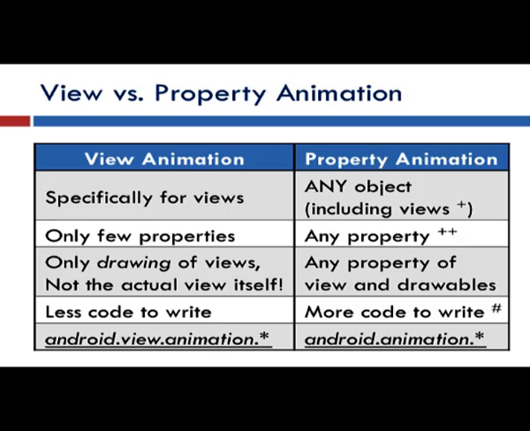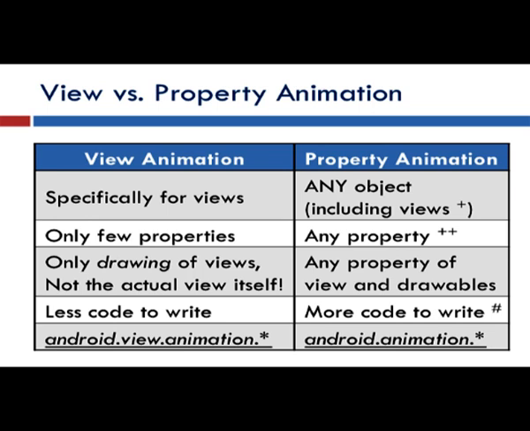If the button gets translated, you have to touch its original position, not the translated position. So you might get confused that only the drawing of views gets animated, not the actual views themselves. However, in property animation this restriction has been eliminated, and the actual views can get translated or rotated, or whatever effects you want to give to the views or any object.